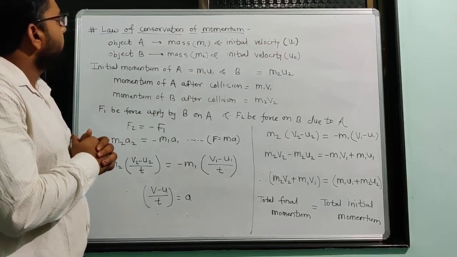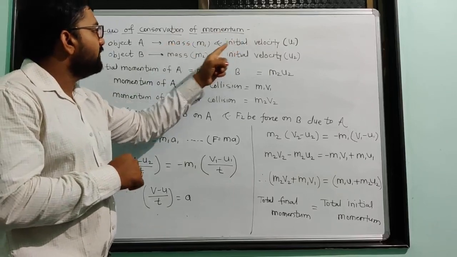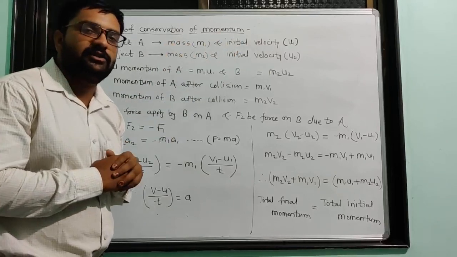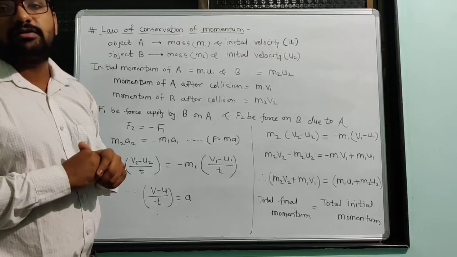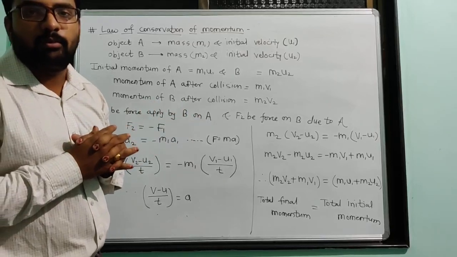Now from that we have mass and initial velocity. If we know mass and velocity, then by taking their product we can easily find their momentum.